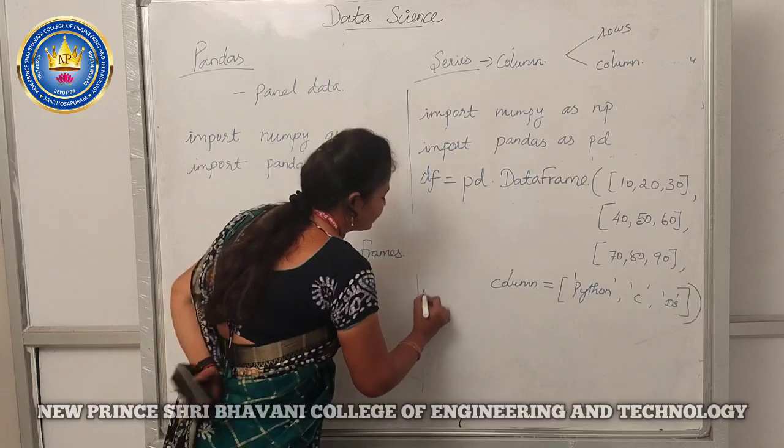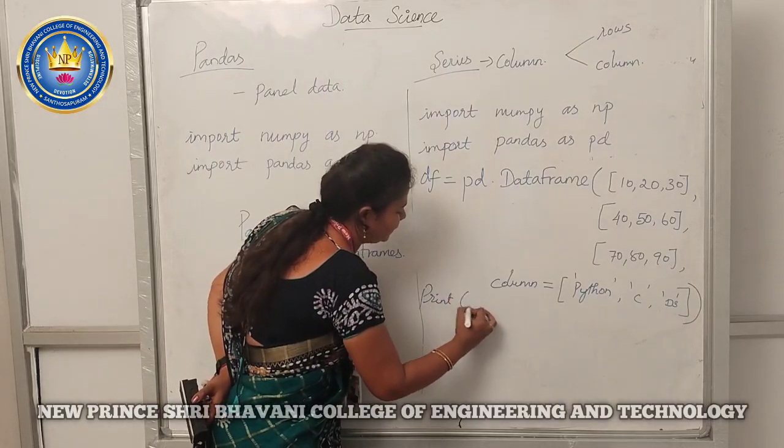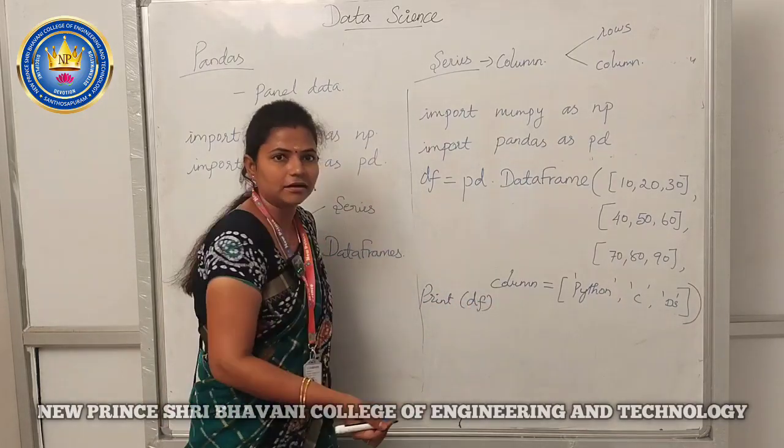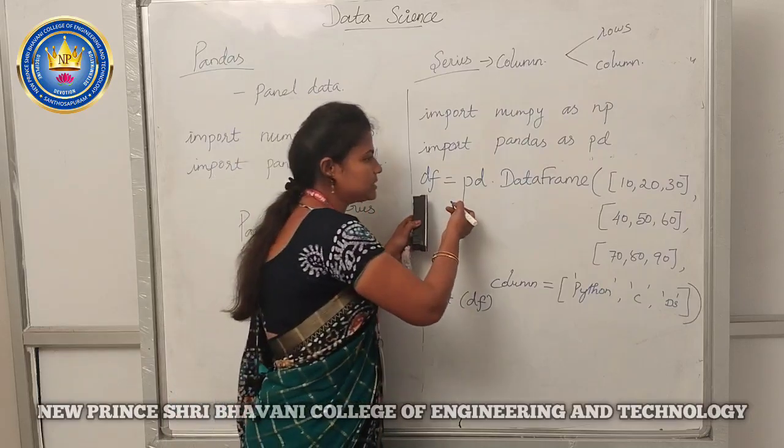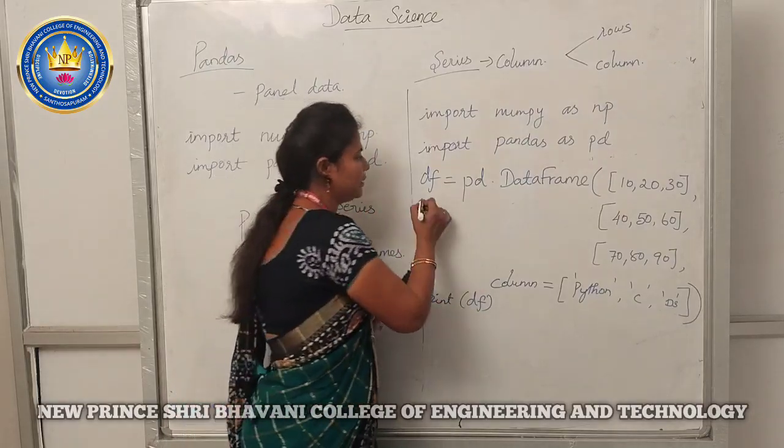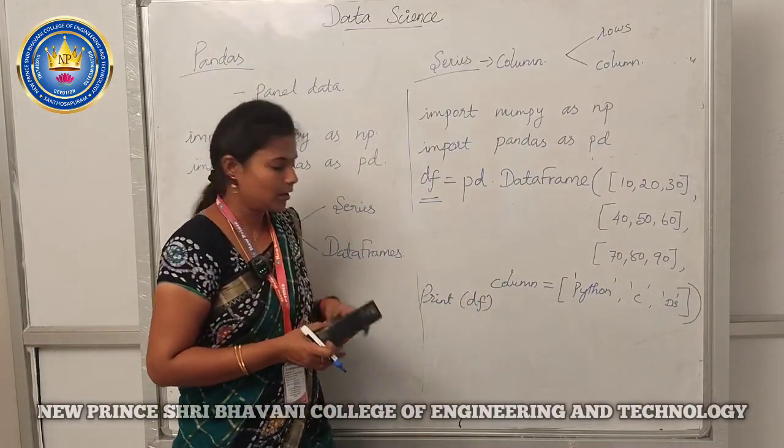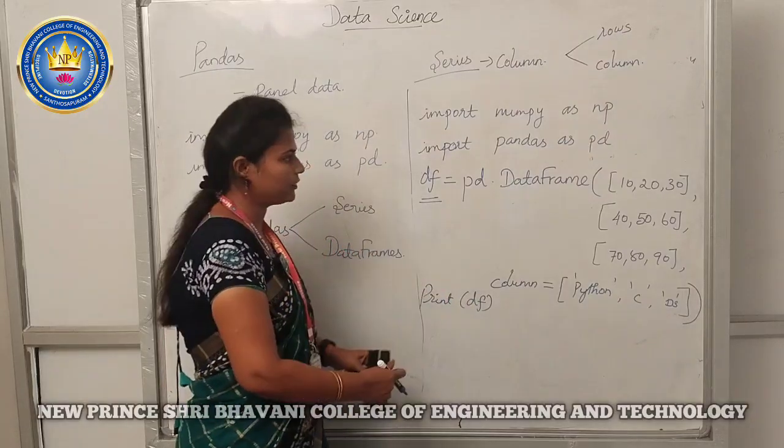Now what is the output? Print df. So it will display the data which is included in this df variable. What is your expected output for this program?